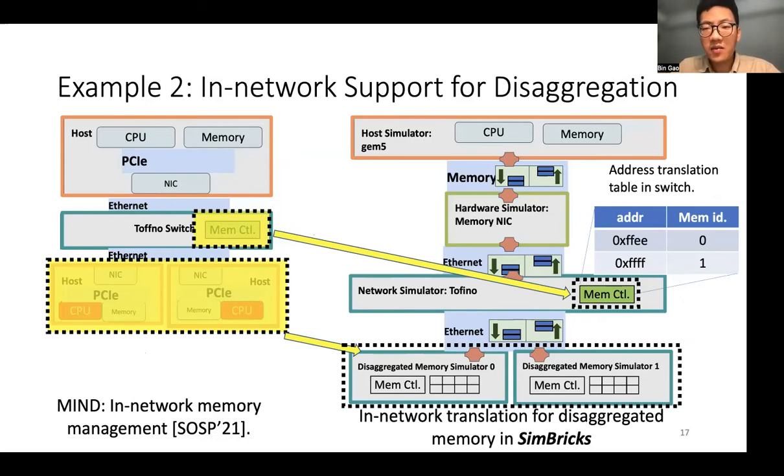However, this time we program the Tofino switch simulator to implement static memory management in the switch to direct memory request packets to the right memory node. The Tofino switch is just programmed as usual in the P4 language. We leave simulating the control plane for dynamic memory management as future work.